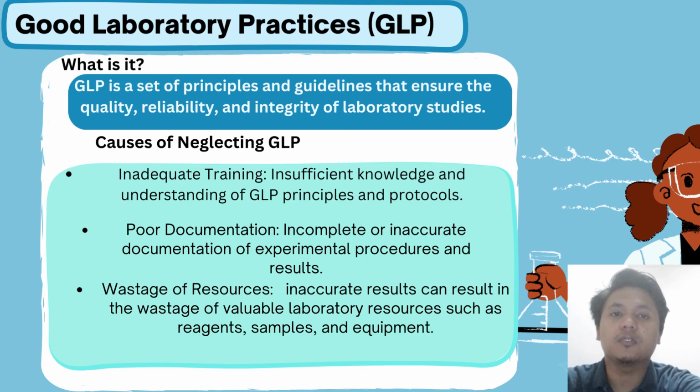Second is poor documentation, meaning incomplete or inaccurate documentation of experimental procedures and results. Lastly, the wastage of resources. Inaccurate results can result in the wastage of valuable laboratory resources such as reagents, samples, and also equipment.